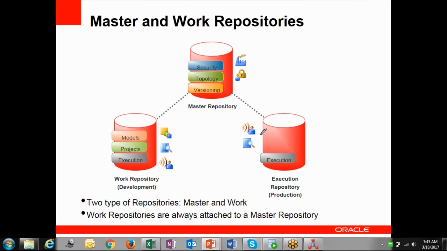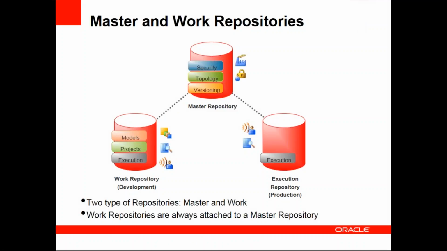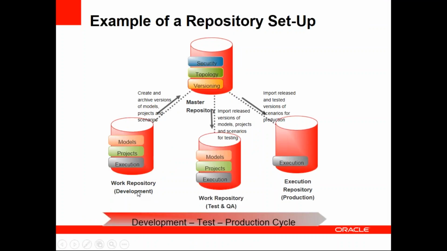Let's look at the next slide and you'll come to know. See here, this is the development, this is the test environment, and this is the production. What we are trying to do is export all the models and import them into the test environment.